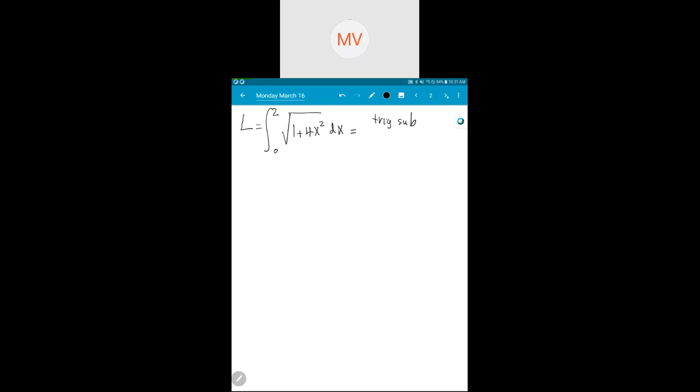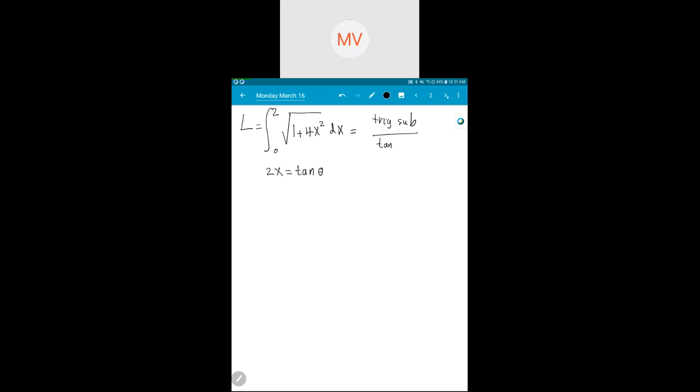So in this case, we'll let 2x, I don't need parentheses for that, be tan of theta.